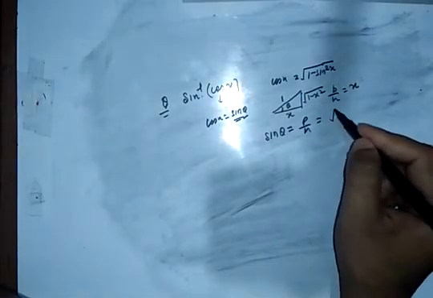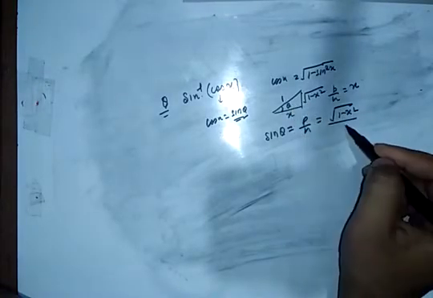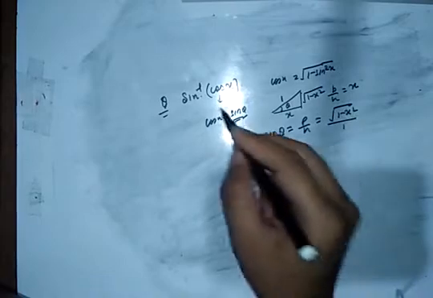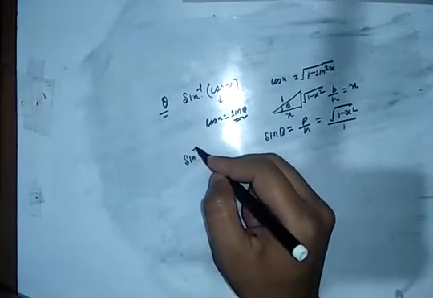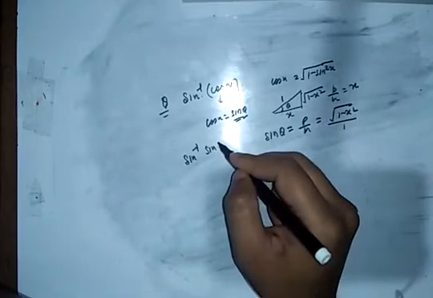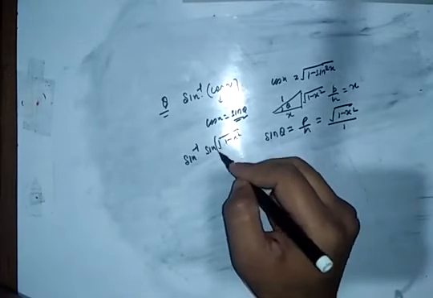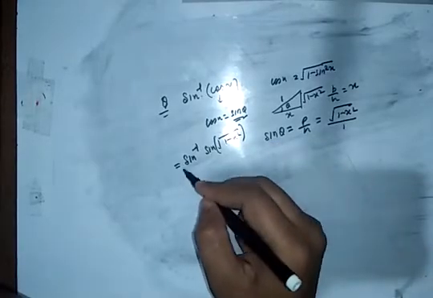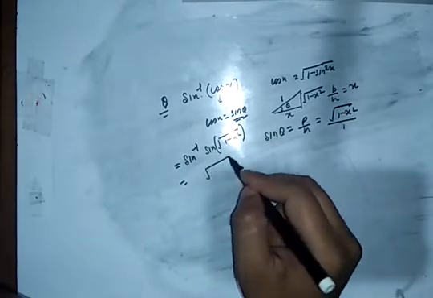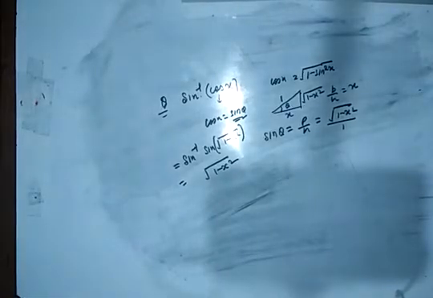P is here 1 minus x square, and h is simply 1. So if you put in this value, sine inverse of sine of this value, what? 1 minus x square. So after solving you will get only 1 minus x square. Understand? This is the simple approach.